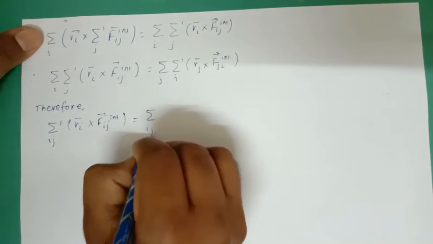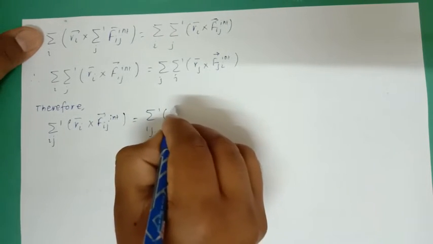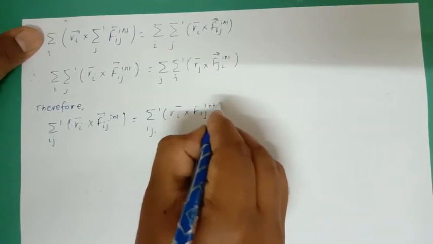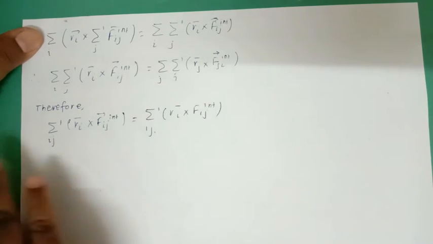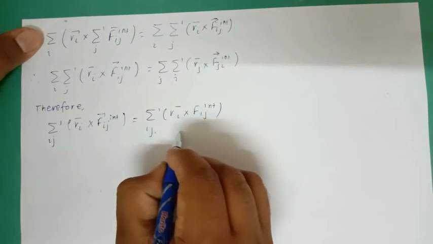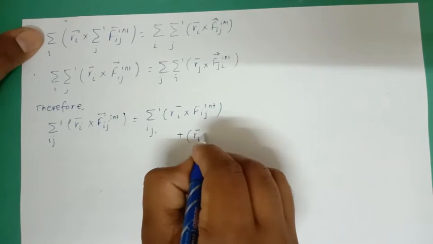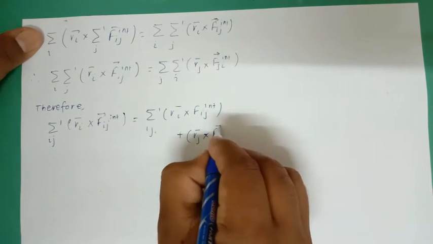So summation over ij prime, Ri bar cross Fij internal, plus again count for the jth coordinates, plus Rj cross Fji bar internal.